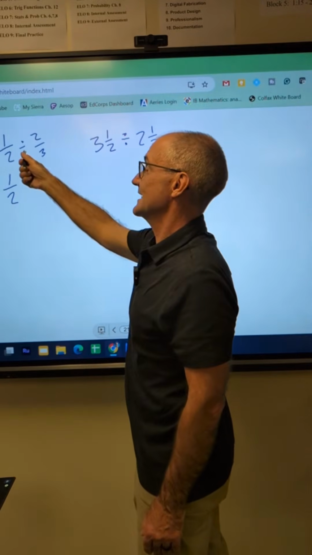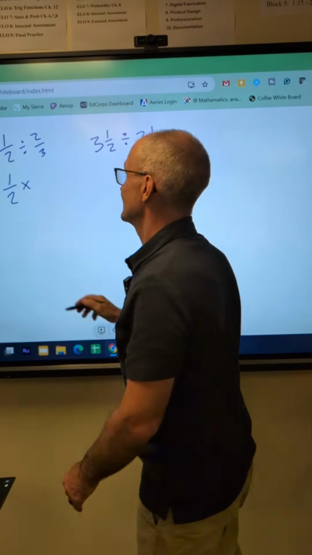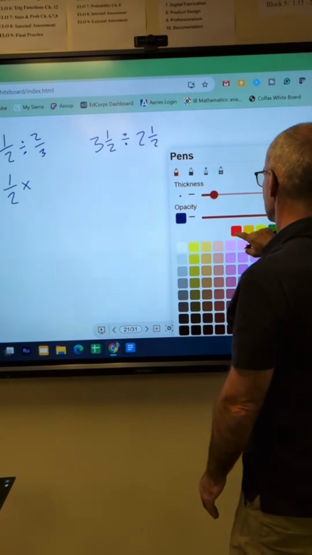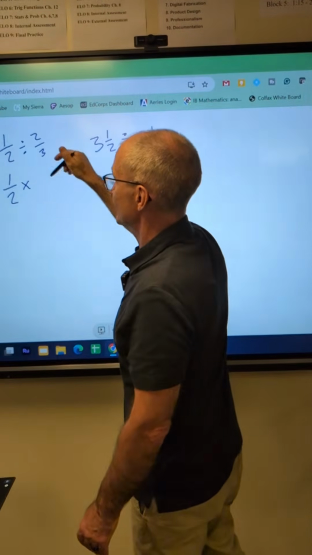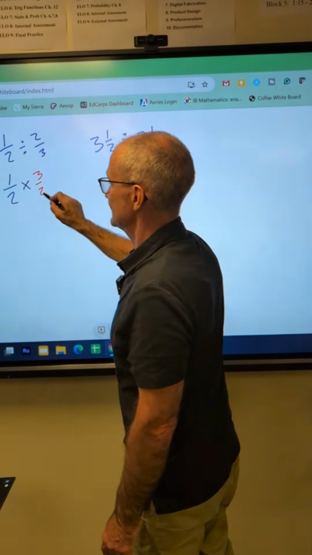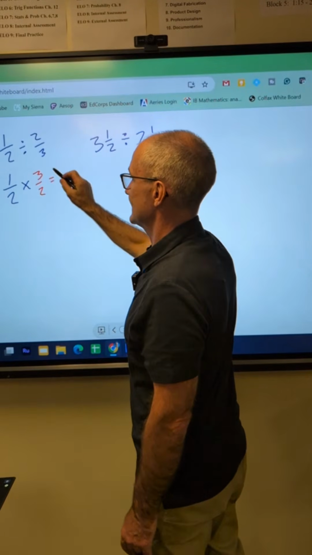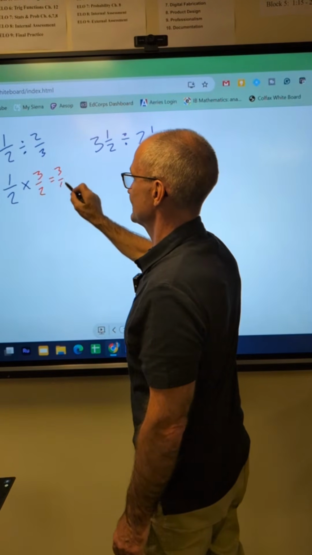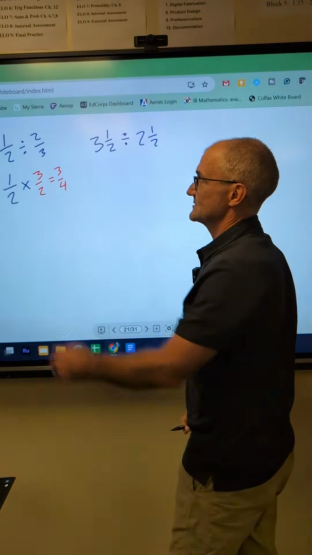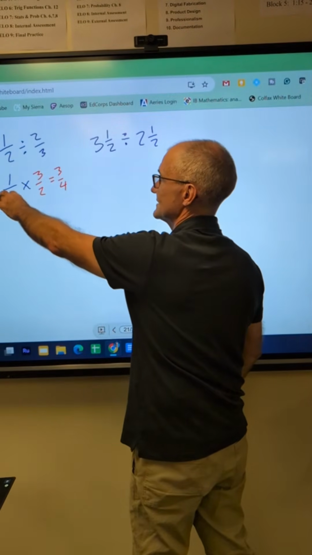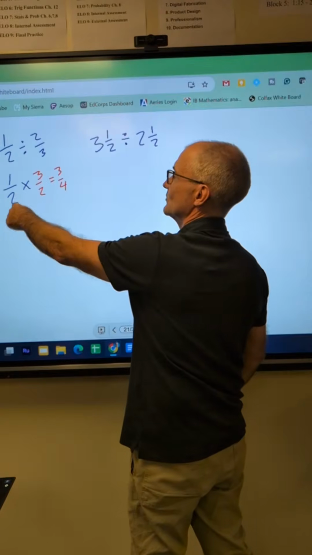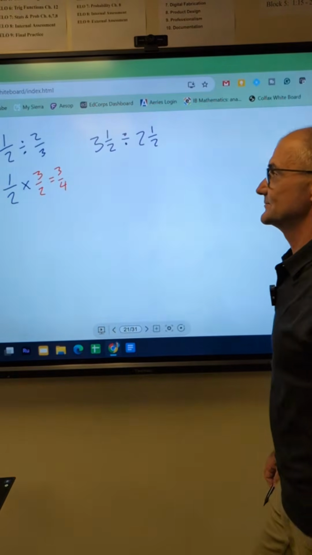I change that to multiplication. When I change that to multiplication, I flip that over to make it 3 over 2. Multiply across the top, 3, multiply across the bottom, 3/4. So 1/2 divided by 2/3 is the same as 1/2 times 3/2.